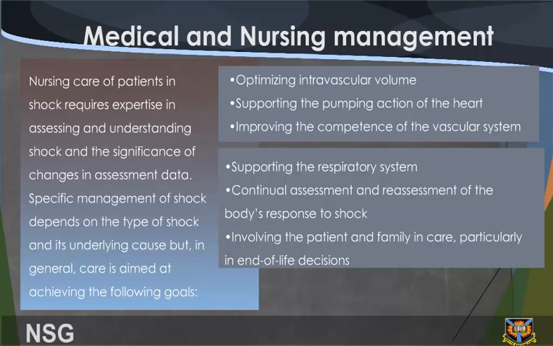Specific management of shock depends on the type of shock and its underlying cause, but in general, care is aimed at achieving the following goals: optimizing intravascular volume, supporting the pumping action of the heart, improving the competence of the vascular system, supporting the respiratory system, continual assessment and reassessment of the body's response to shock, and involving the patients and family in care, particularly in end-of-life decisions.